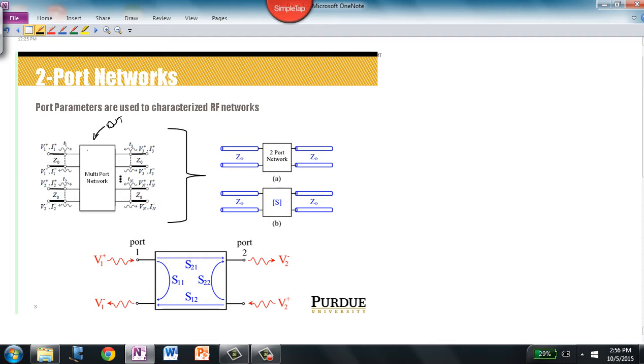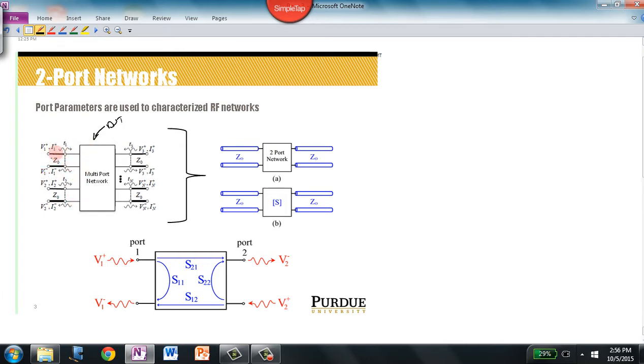At its most broad interpretation, port parameters are parameters that allow us to relate the signals at the different ports to one another through some mathematical relationship. A port in this context is a two-terminal pair that serves as an input and output. It's a waveguide into and out of a circuit, and there has to be a voltage across the terminal pairs, a current in, and a current out.